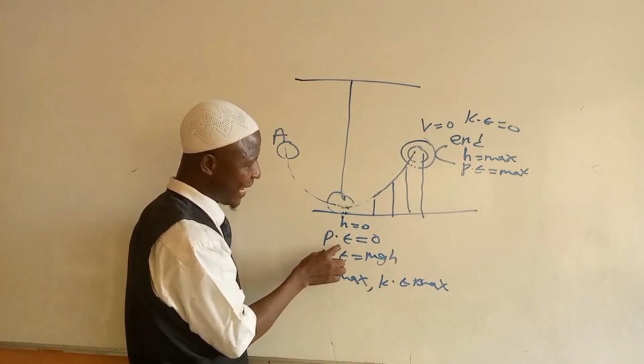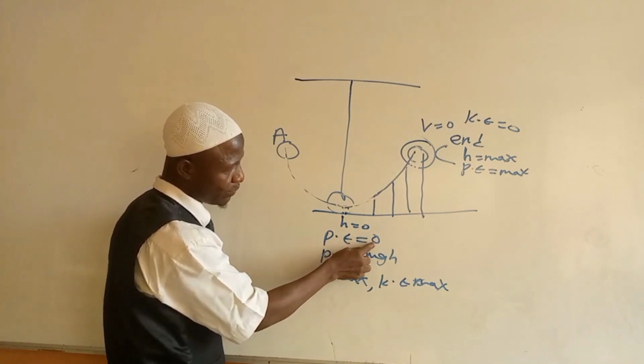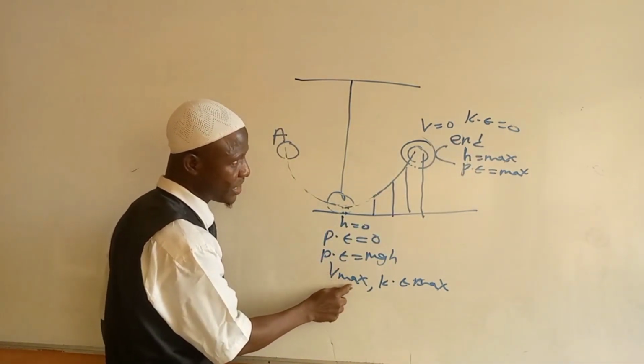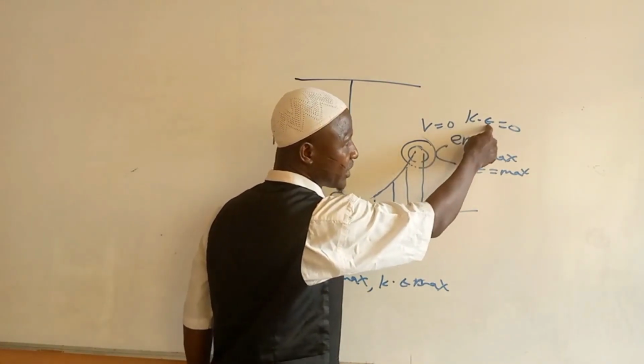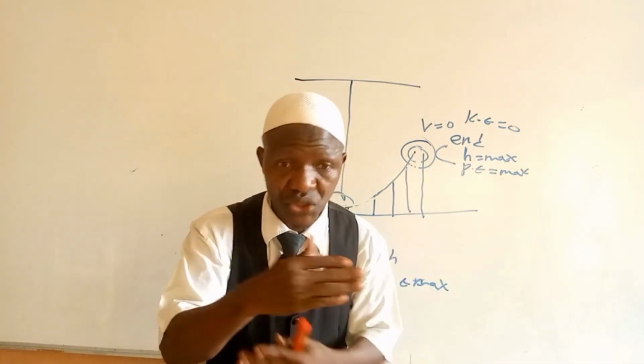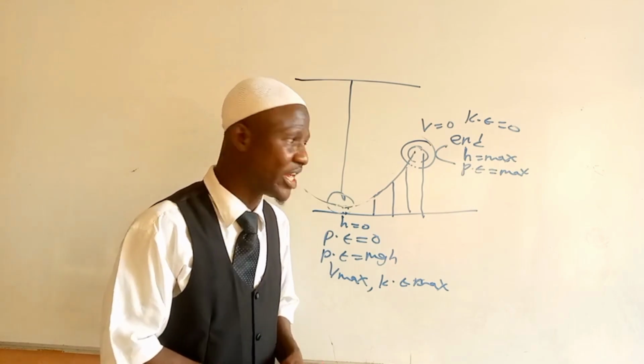Likewise, the kinetic energy that is maximum here, on getting to this place, becomes zero. What is happening? It does not mean that energy is destroyed, but is converted from one form of energy to another.